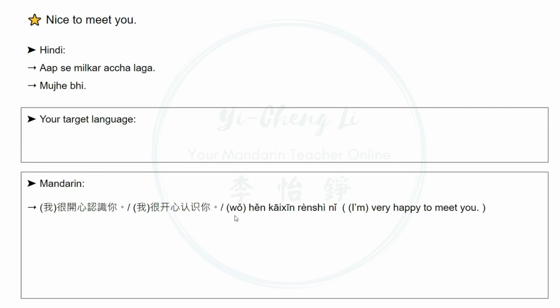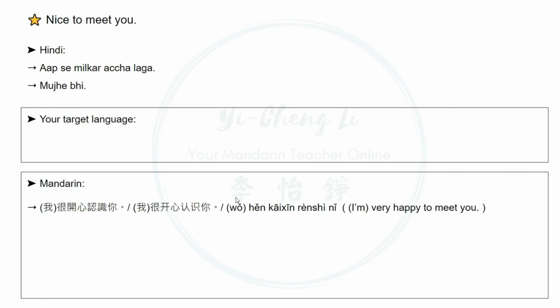If you decide to say the whole sentence with the subject I, then you need to be aware that there are two third tone words in a row, which is 我 and 很. You need to do some tonal modification for third tone words. In that case, remain the one at the back as third tone.